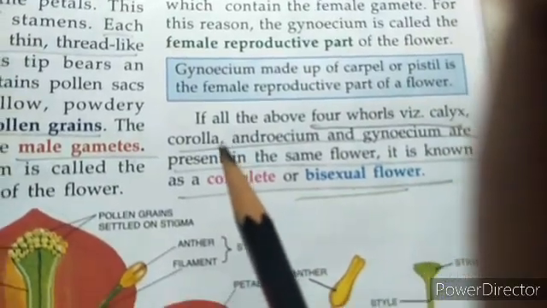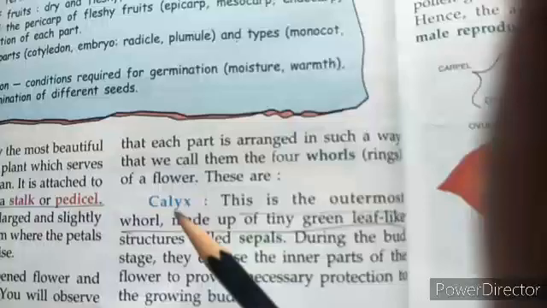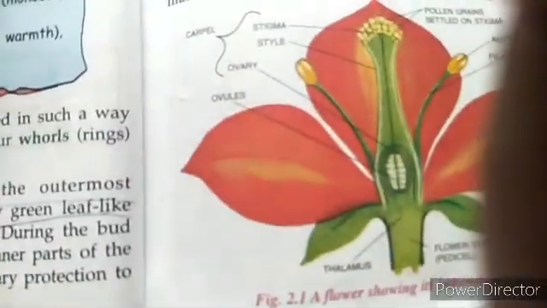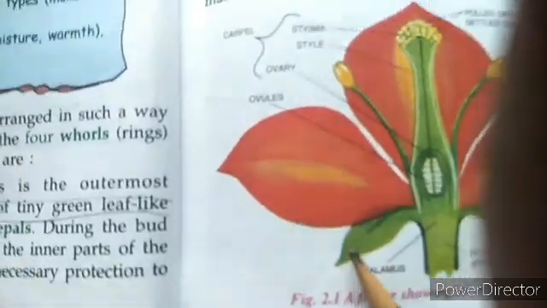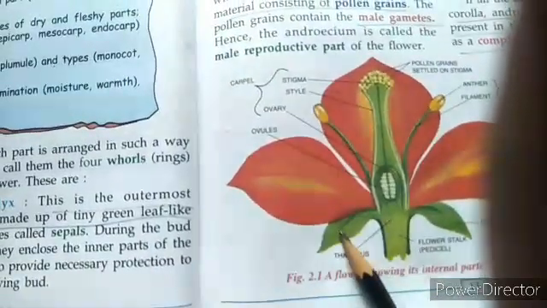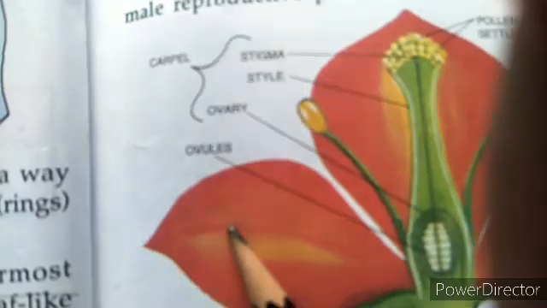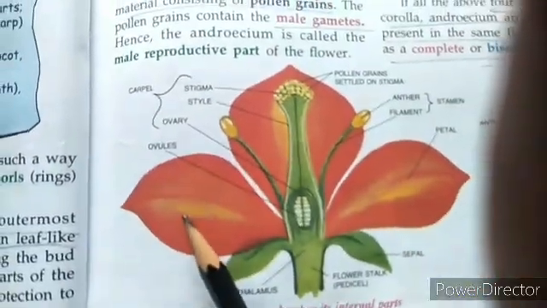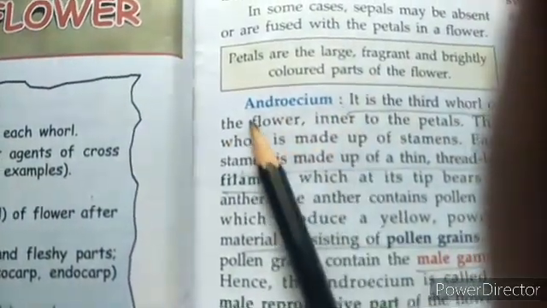By now we came to know the various parts of the flower. First was the calyx. Here in the diagram we see the calyx. Then we came to know about the second part, corolla. And here in the diagram we can easily see the corolla. Then we came to know about the male reproductive part known as the androecium.